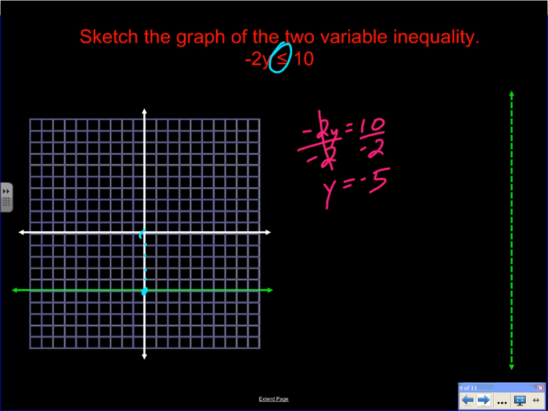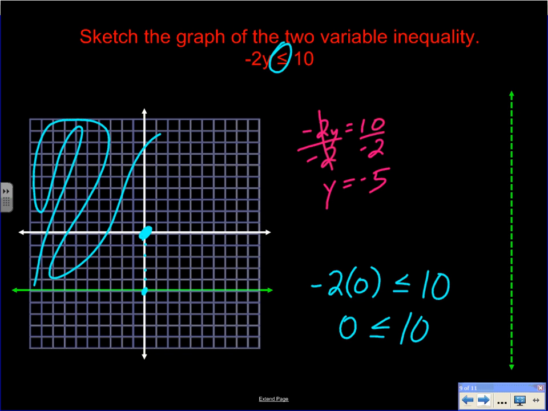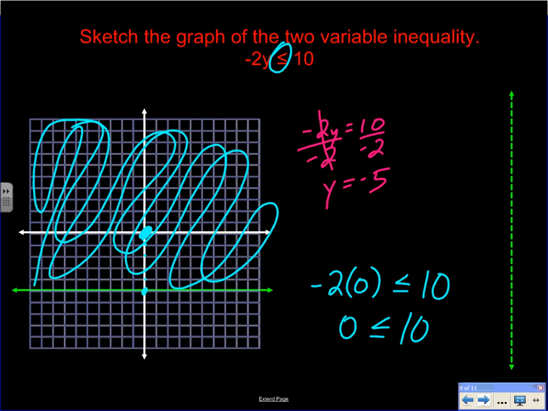Pick the point 0, 0, and plug it in. Actually, you plug it in for x and y, but there's no x, so we only plug it in for y. It says -2y is less than or equal to 10. 0 is less than or equal to 10. That is true. So the point 0, 0 is a solution. And so we shade everything above the line.